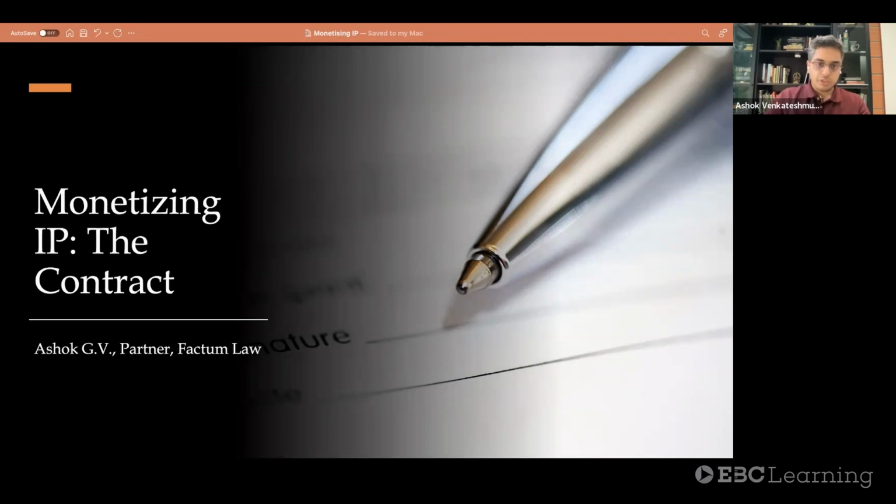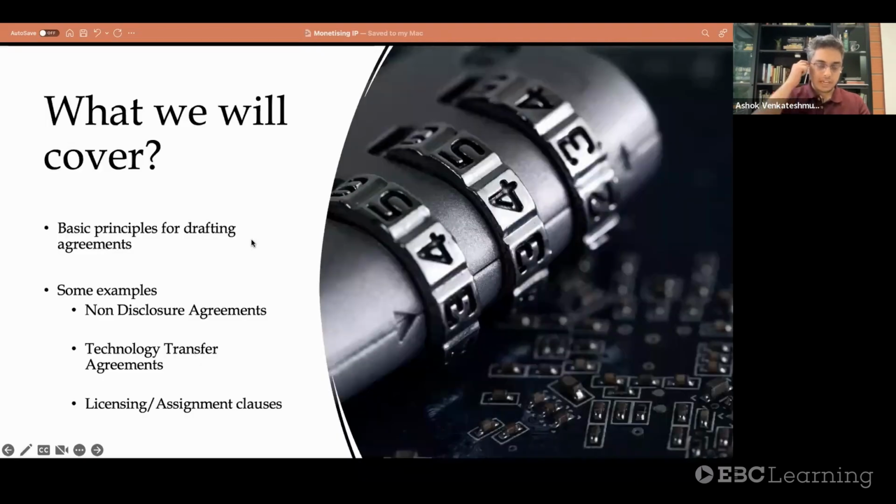So what we will be doing today is exploring some of the overall concepts involved, not just under IP law, but also under well-established principles of contract law, and then seeing how we can use that to draft certain example agreements. We will be dealing with three examples today. The first is non-disclosure agreements.